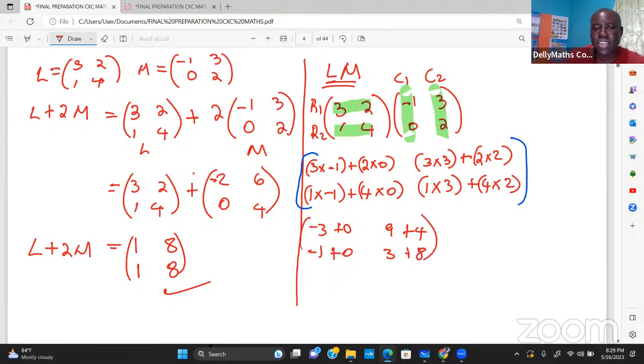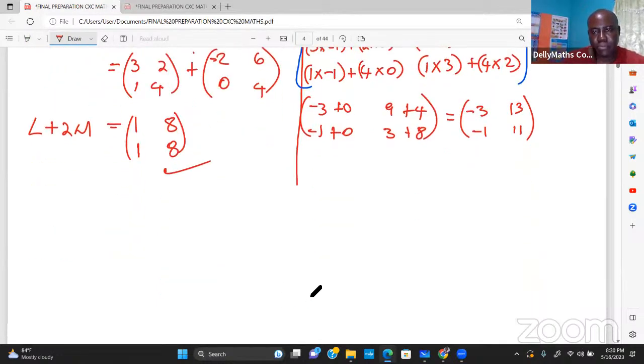I only do this to give myself an extra chance to see errors if there are any. So -3, 13, -1, 11. Double check. There you go. Row by column, row by column, row by column, row by column. Make sure that you put the right matrix first. If they say LM, do that.